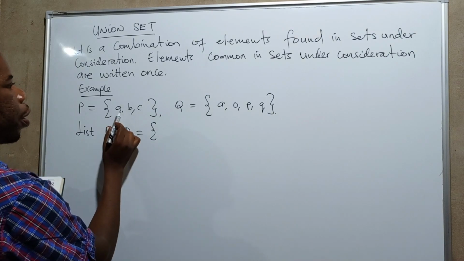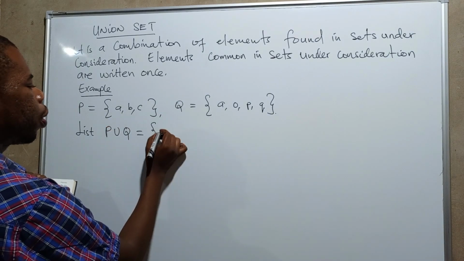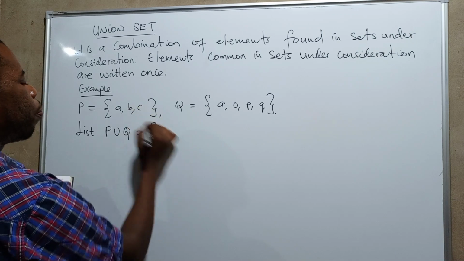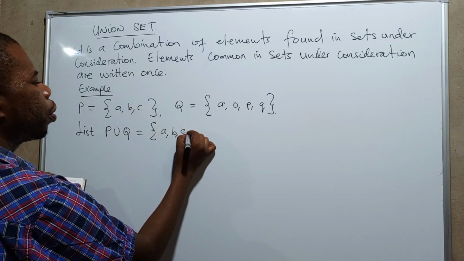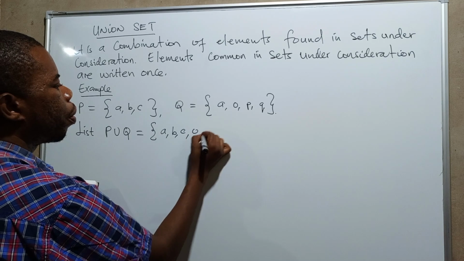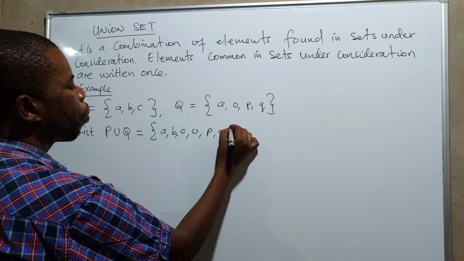If A is found, we write it once, then we combine B, C, then O.